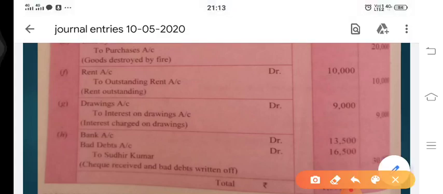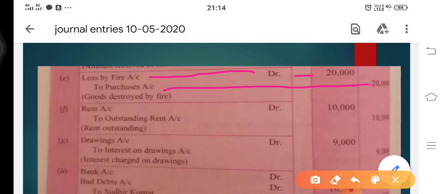So what we have done here is we have passed a journal entry for loss by fire account debit 20,000. Now these goods are destroyed by fire, so definitely my purchases are going to get reduced, because the purchase which was earlier more is going to get reduced as our purchases have been destroyed. So since purchases are reducing, which has a debit balance, to reduce it we'll have to credit it.